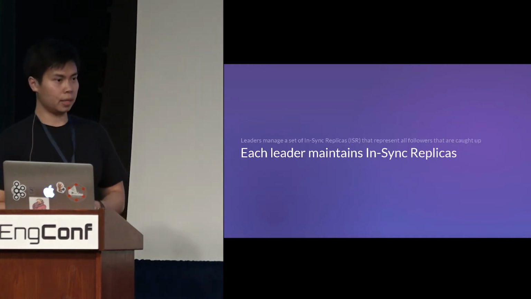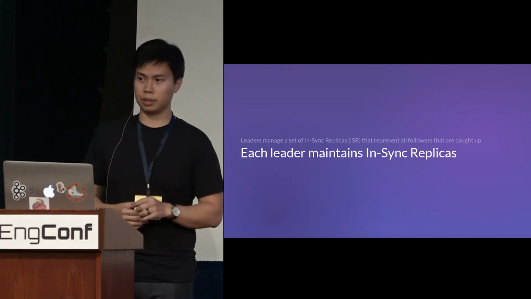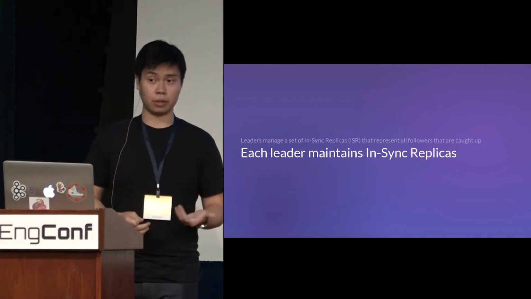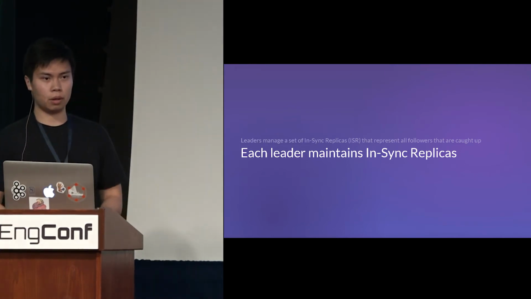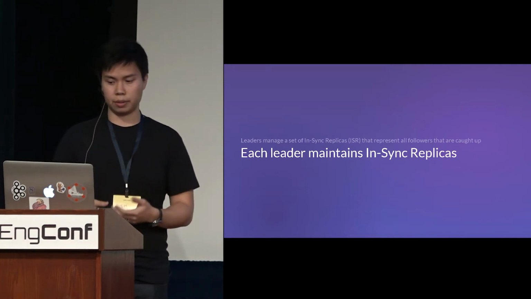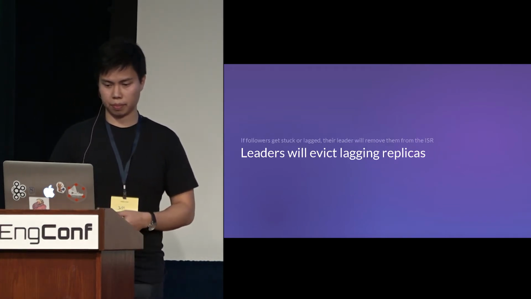Now, I would like to add that each leader maintains something called an in-sync replica set, or ISR. And these ISRs essentially just represent all followers that are currently caught up to the leader.